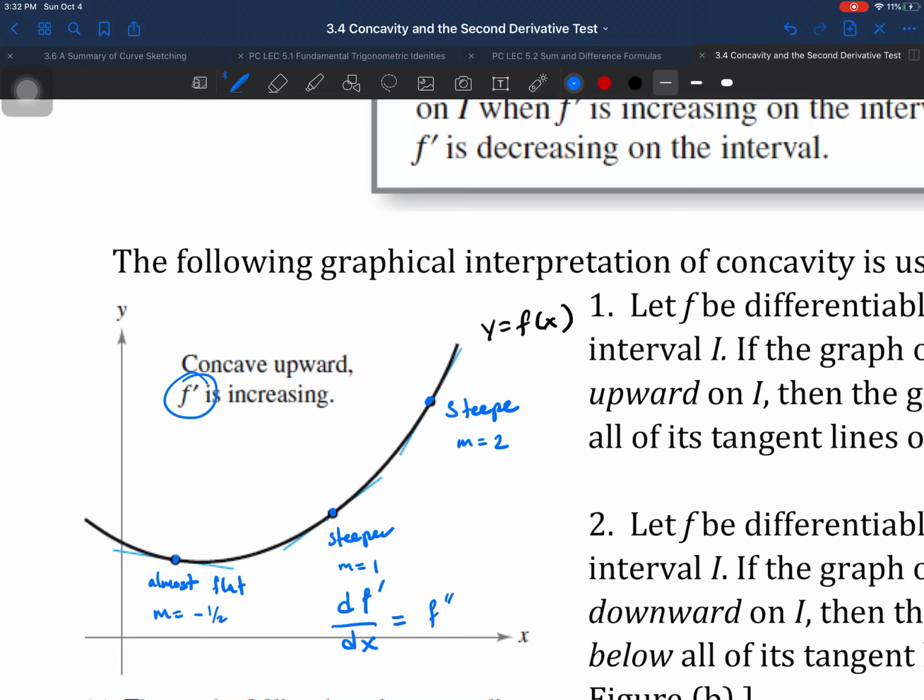So it has a positive change because it's becoming greater, and that's the point. Whenever you have something of this form, this happens because your second derivative is positive.